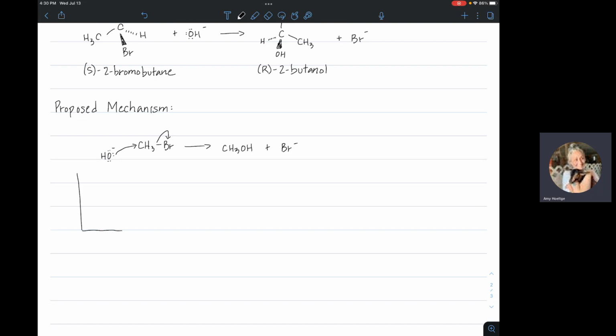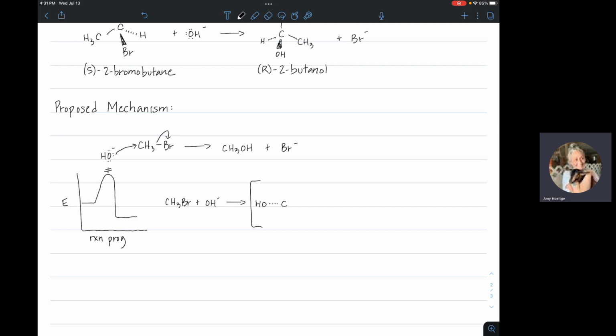You can always draw an energy plot relative to reaction progress. What we have here is our starting materials. We have some activation energy, and then we have product. And this right here is going to be our transition state. So in this case, what we have is methyl bromide plus hydroxide. We can actually draw that transition state by saying, here comes our hydroxide.